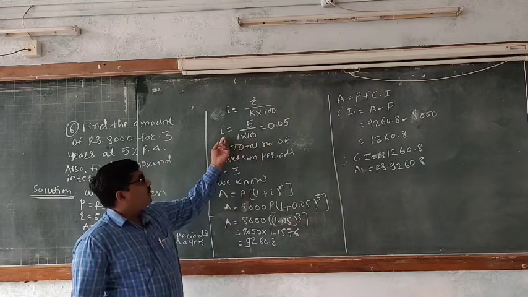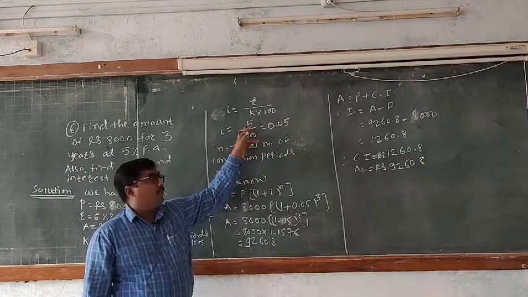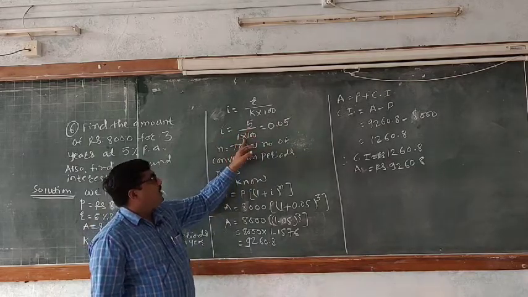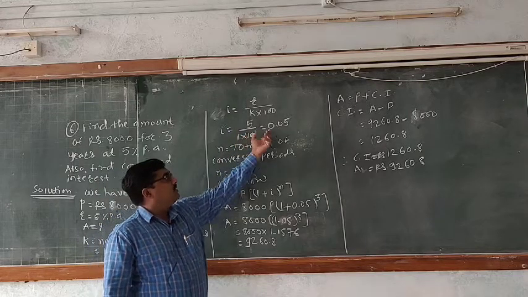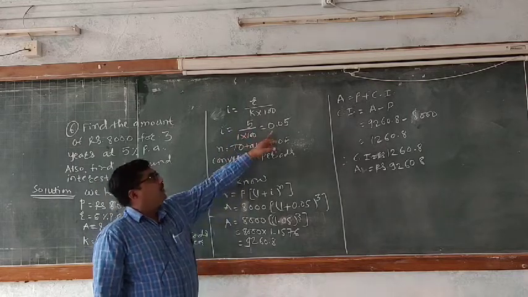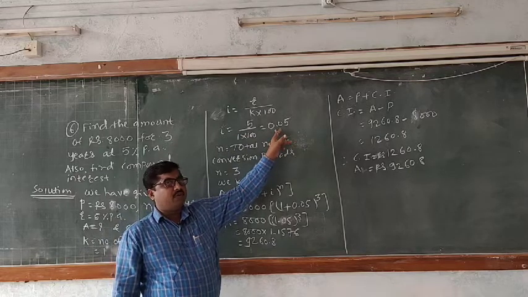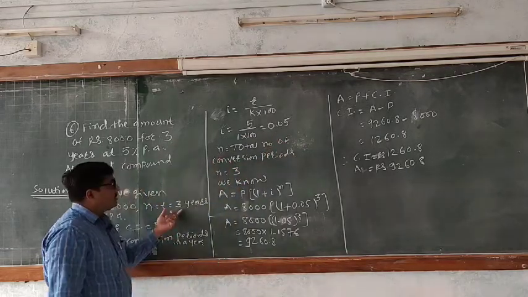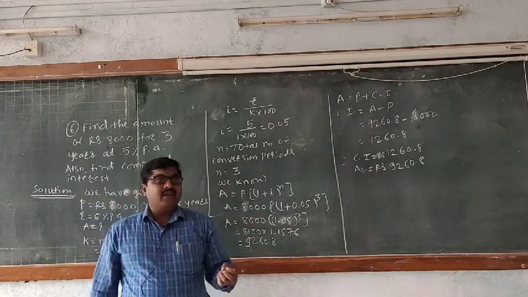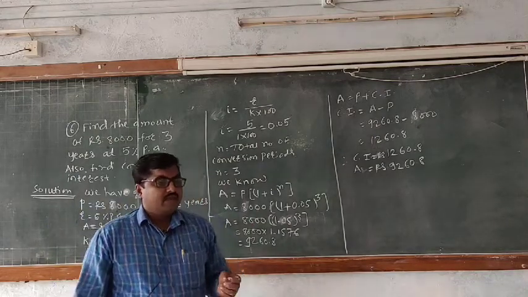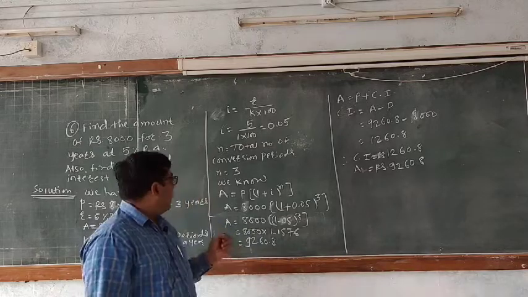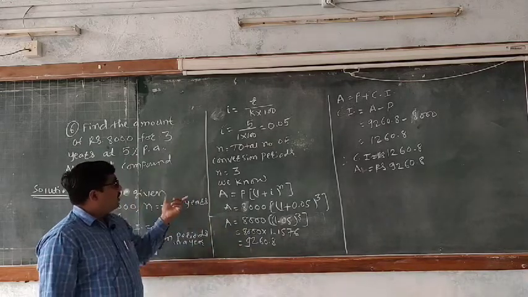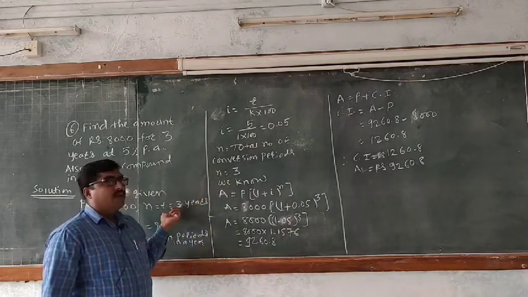So I equals 5 upon 1 into 100, which by using the calculator is 0.05. Now N is given as 3 years, and since compound interest is calculated annually, N is 3, both the terms are equal.